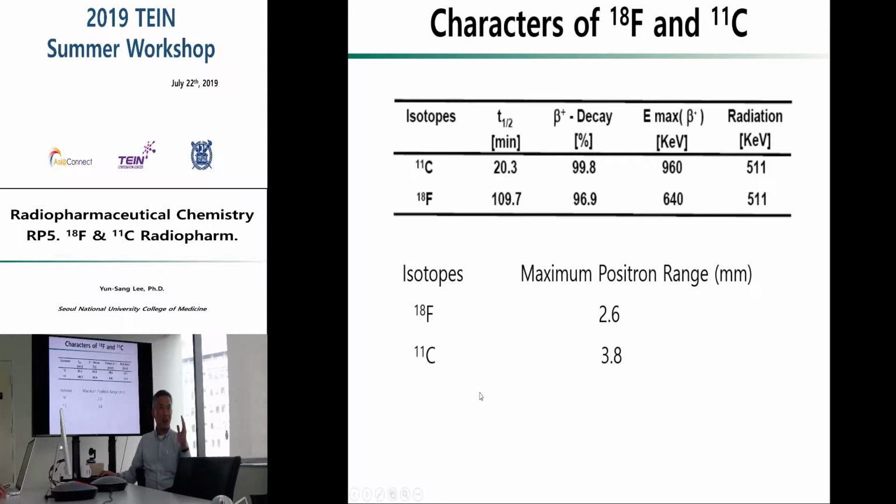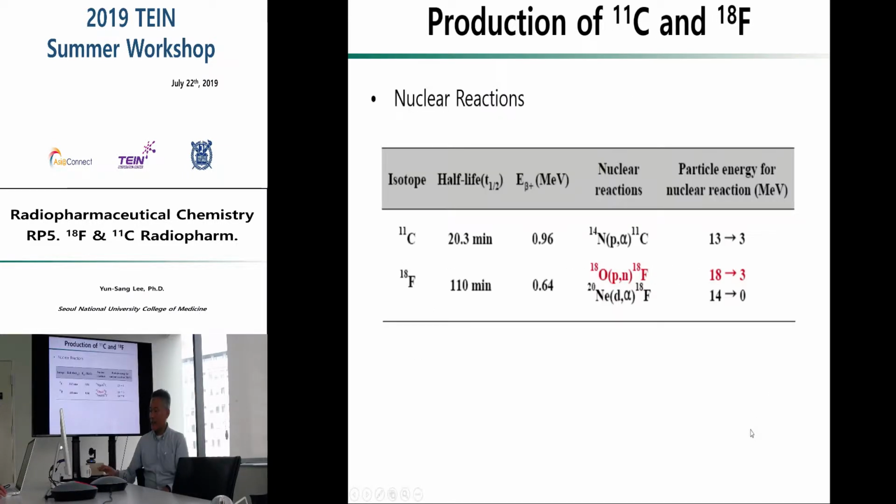So with F18, you can get a sharper image. If you make a C11 radiopharmaceutical and an F18 radiopharmaceutical with the same molecular structure, the fineness of the image with F18 is better than C11, because of the physical properties of these two radioisotopes.